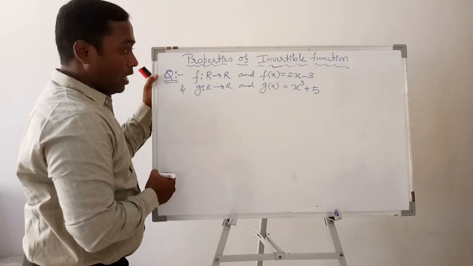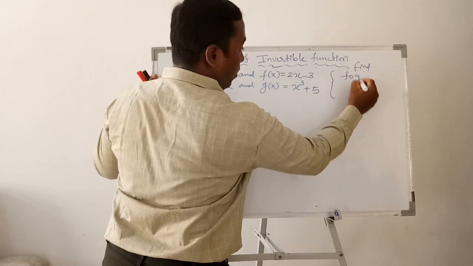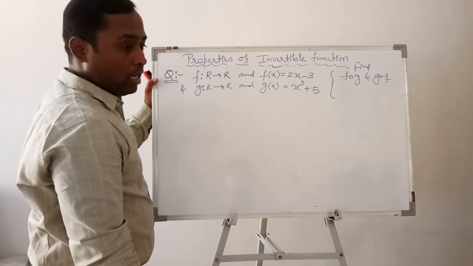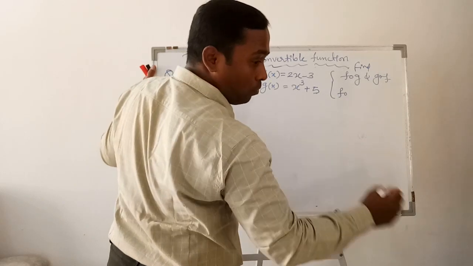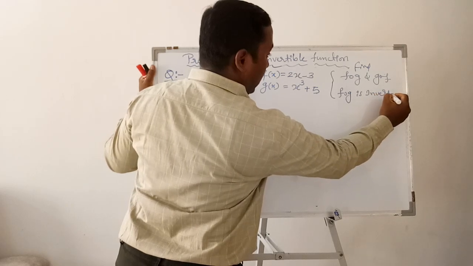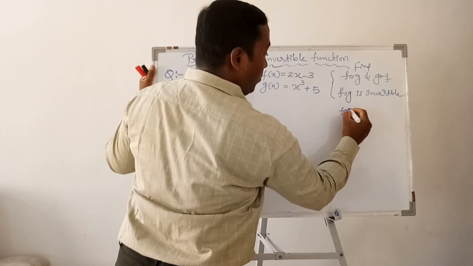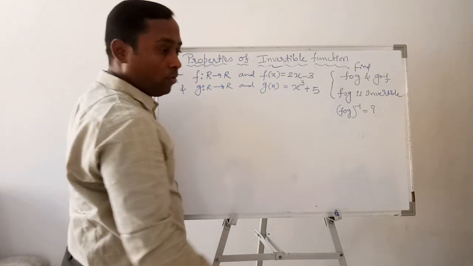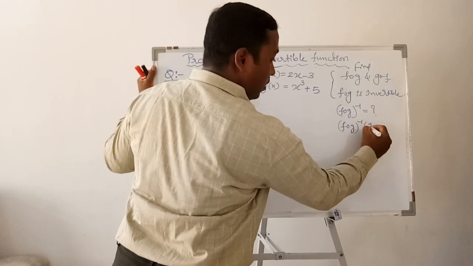They are asking to find fog and gof, and also prove that fog is invertible. Also find the inverse of fog. What is the inverse of this composition of functions? And then find the inverse of fog at the value 9.